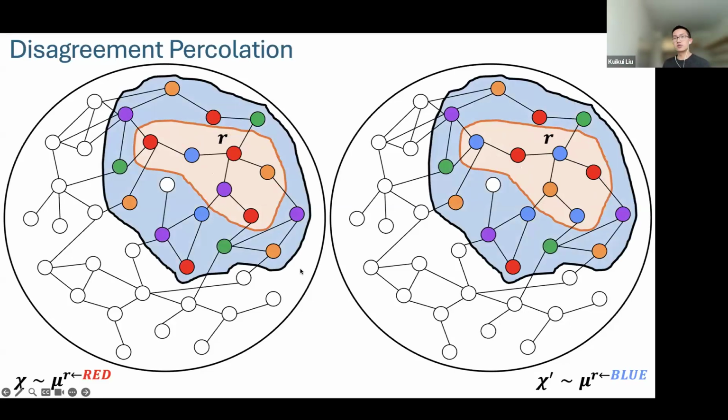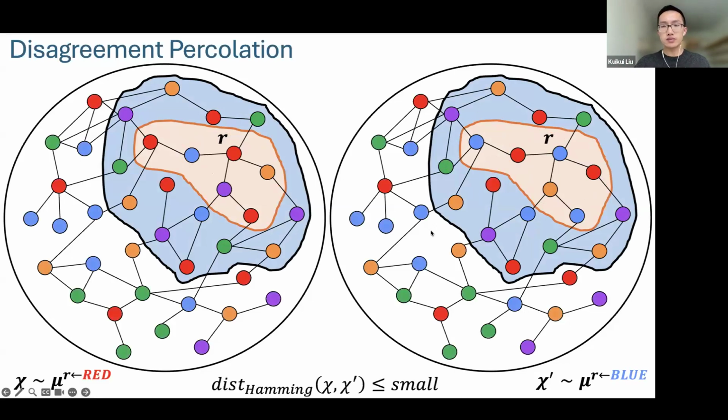But then hopefully after a constant number of steps, the disagreements have died out, in which case all the vertices outside of this blob are going to be able to be coupled perfectly. So the hope is that you can confine your disagreements to just a small orange blob, which is a constant number of steps away from this vertex R.